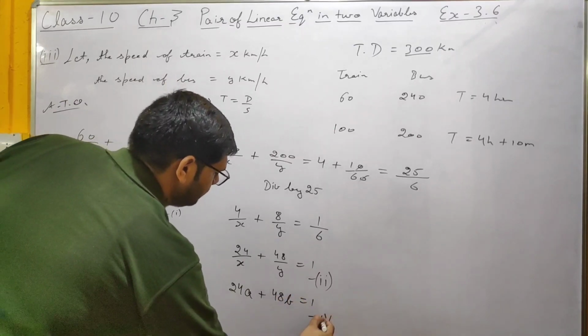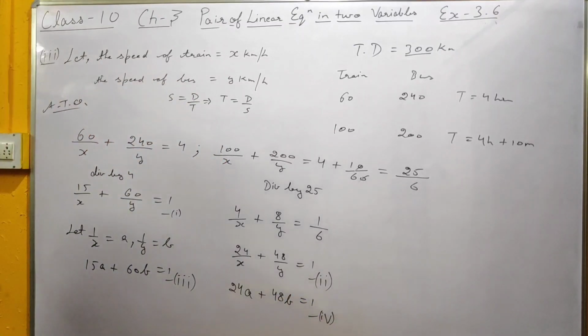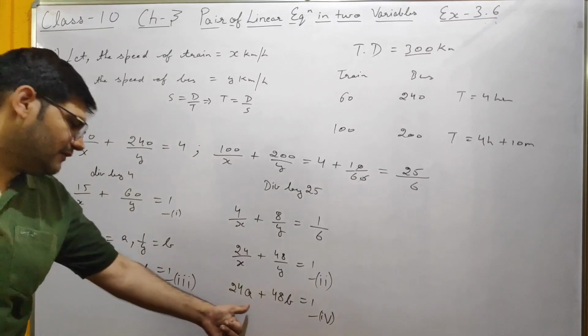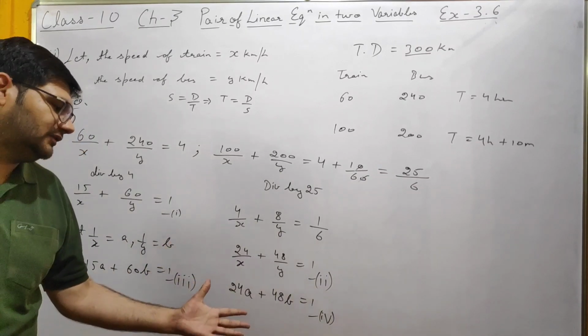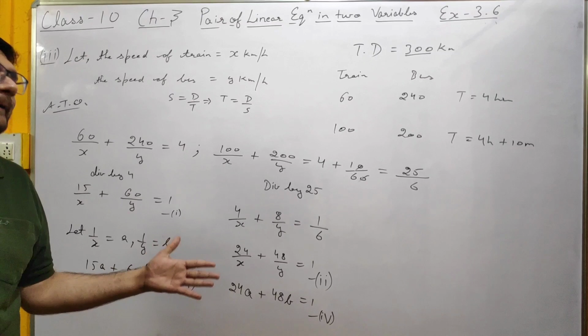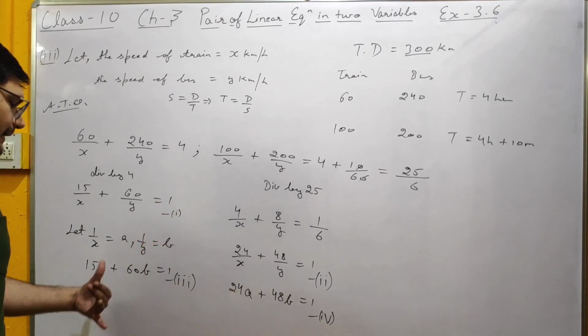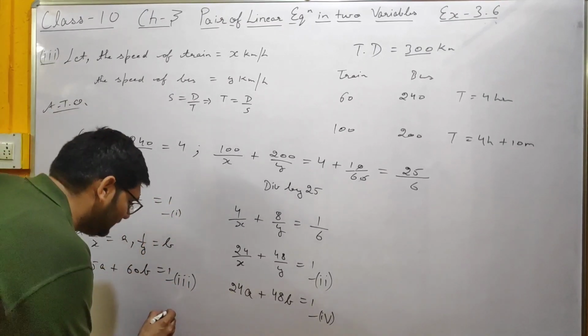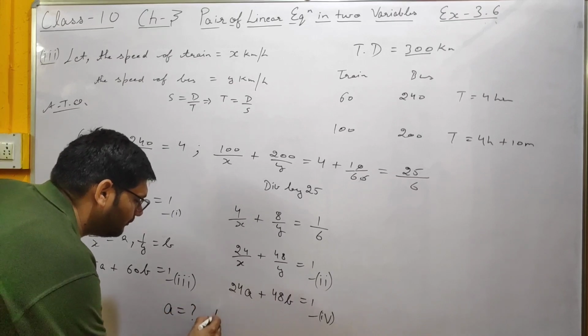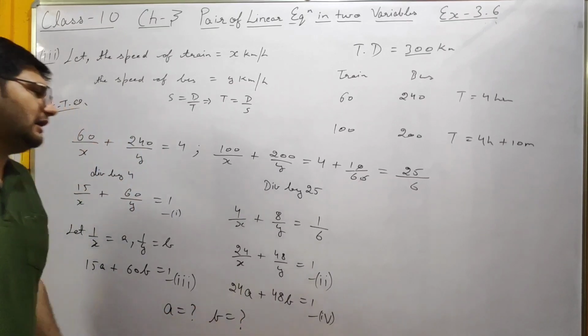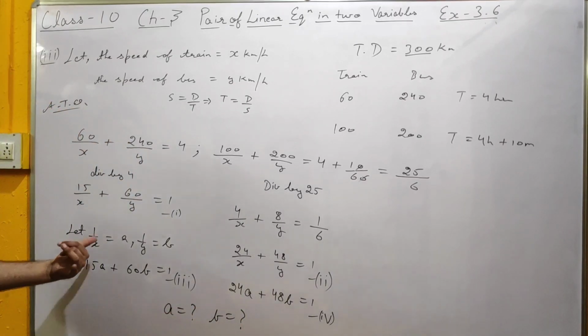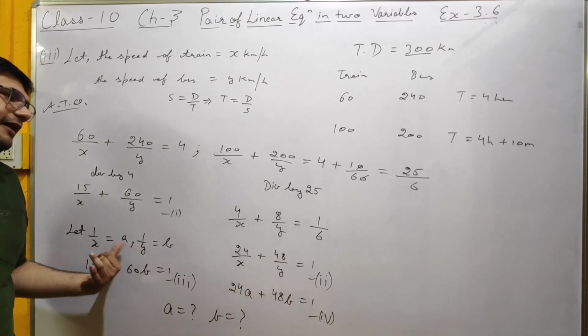This is our fourth equation. So now we will solve these two equations by any method. I would prefer to do it by cross multiplication and find the values of a and b. After we find the values of a and b, we can find the values of x and y also.